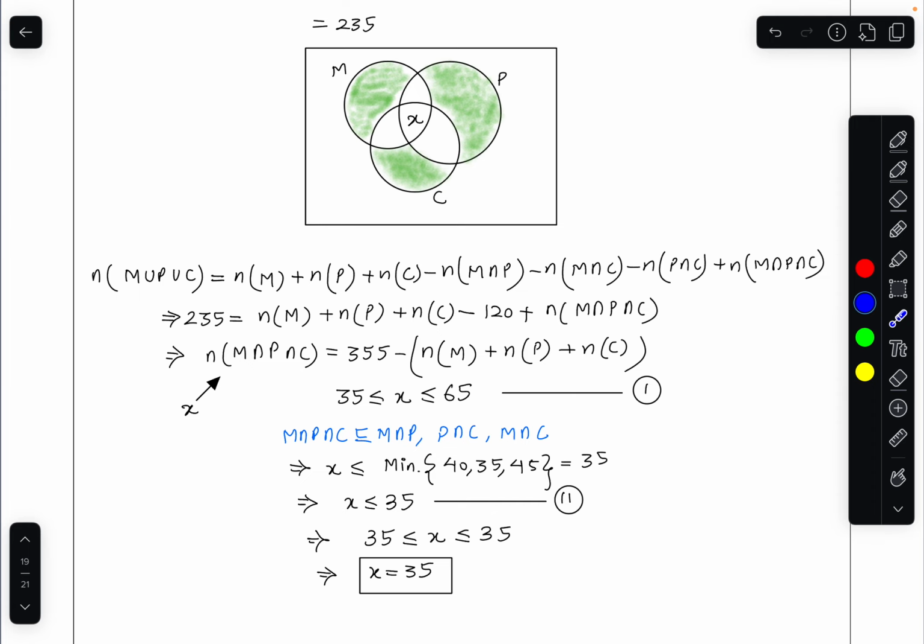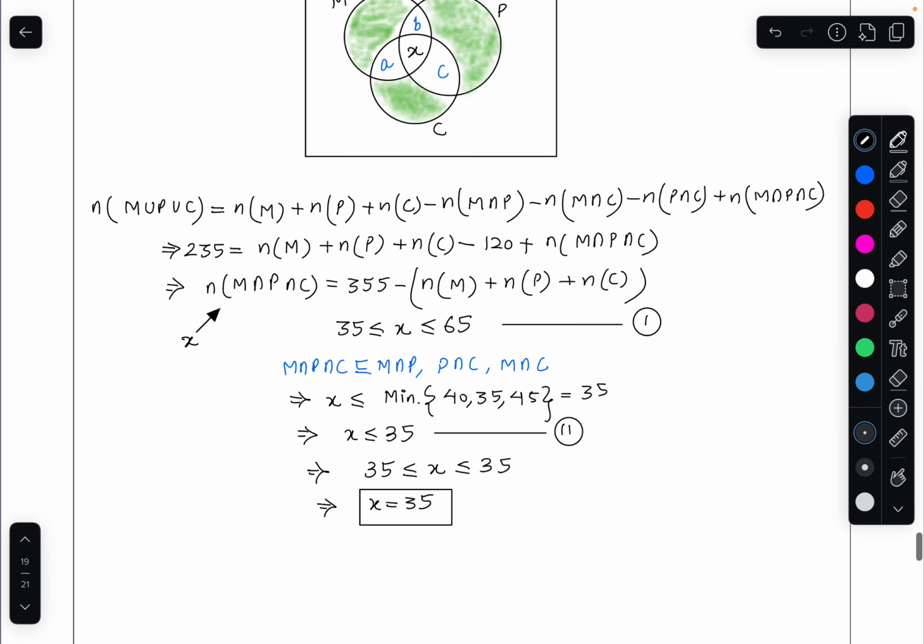Now we were supposed to find the number of people who study exactly one subject. So the shaded portion basically. What I can do is from the union of them, I can subtract this portion, this portion, this portion, and this portion. Let me call them A here, B here, and the C here.